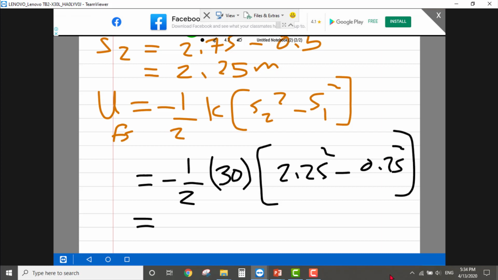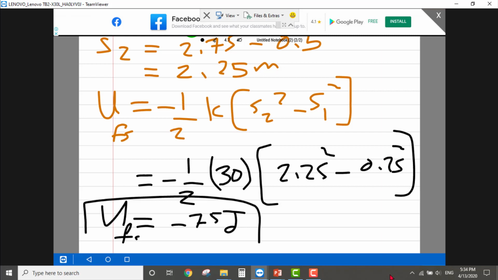Let me use my calculator. So minus 15 multiplied by the difference of squares is equal to minus 75 joule. This is from the spring, and I will name this one as 4.